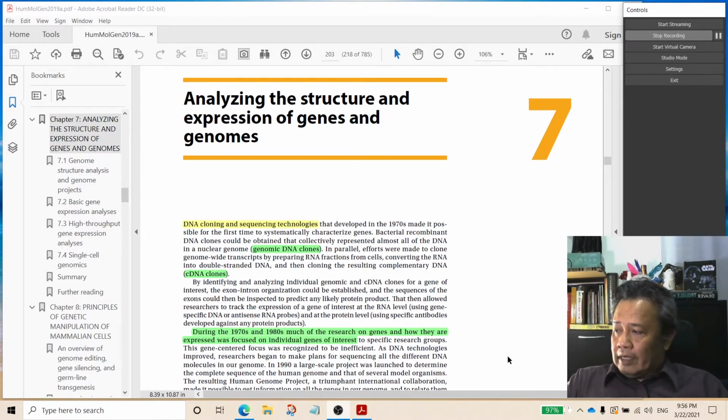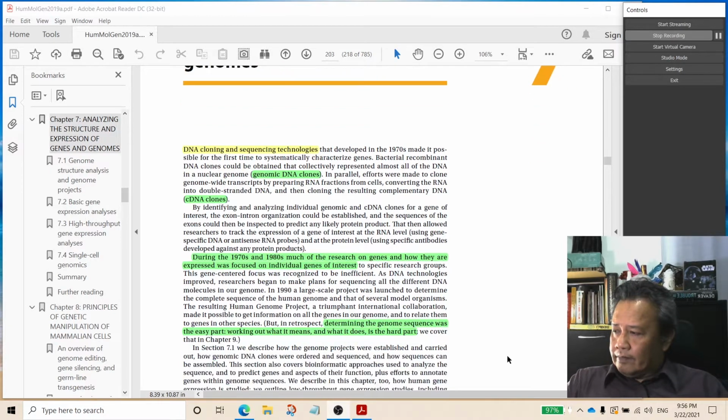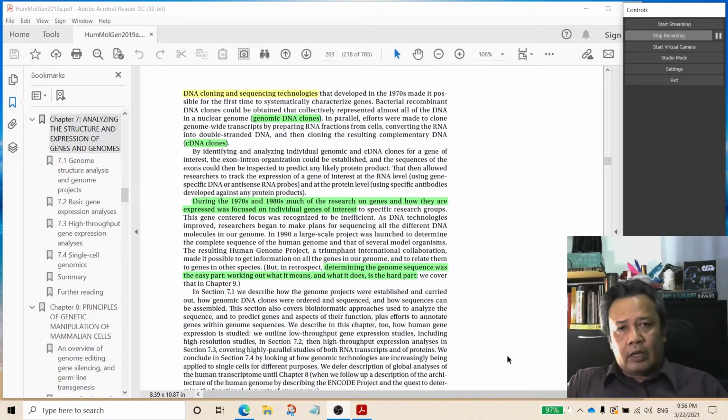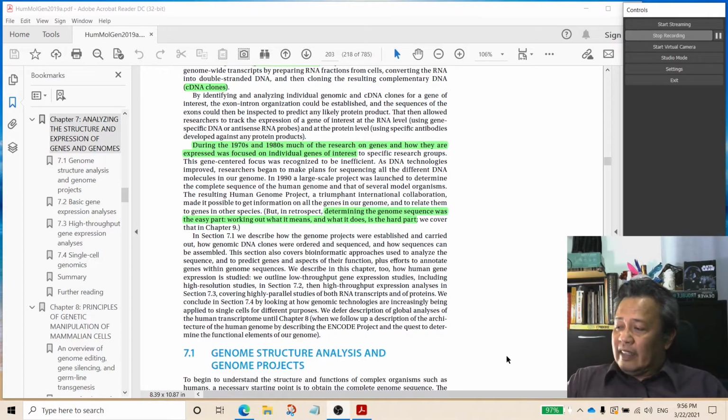Right, so chapter 7 starts off telling you about how the genome was analyzed. It says that in the 1980s and early 90s, when they started the Human Genome Project, the scientists thought that was the biggest challenge of a lifetime.